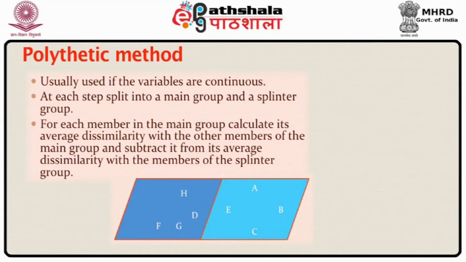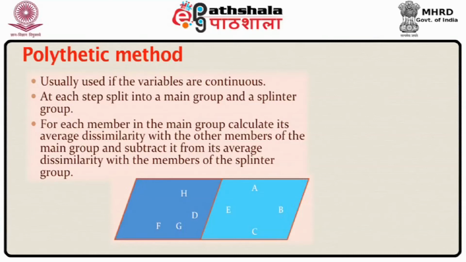So polythetic methods are easier to do for continuous variables. So what we do here is, at each step we split a particular cluster into two clusters, one which we'll call the main group and the other which we'll call the splinter group.